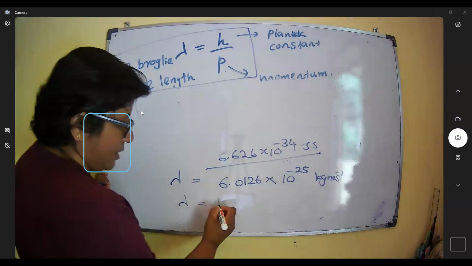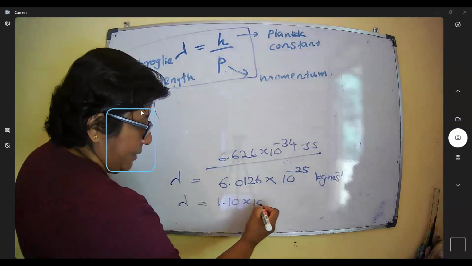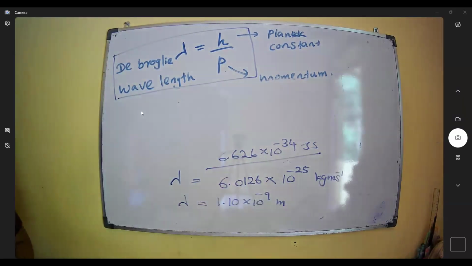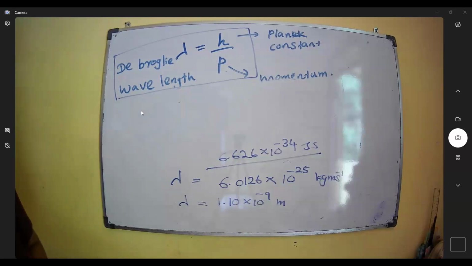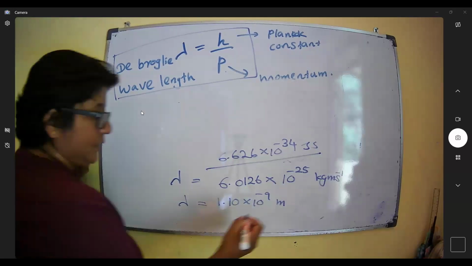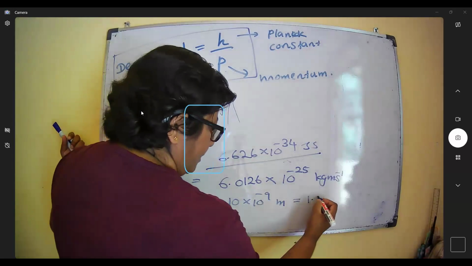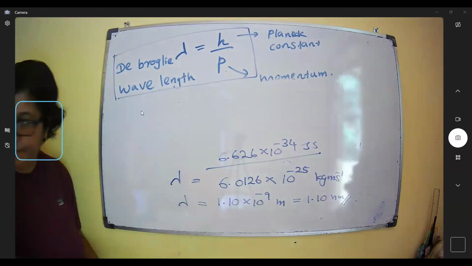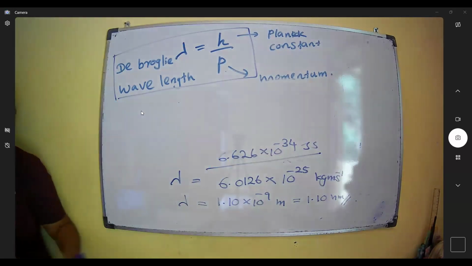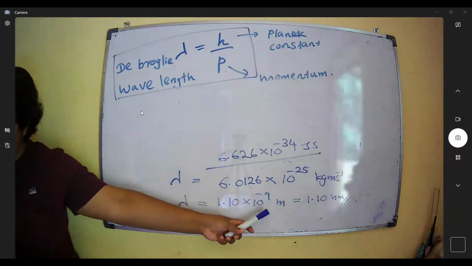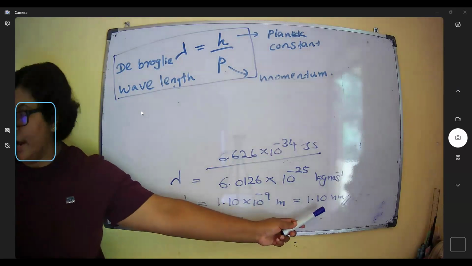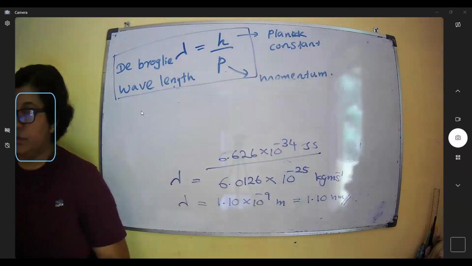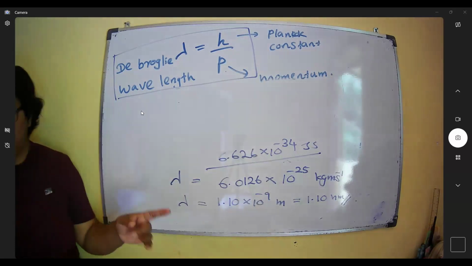What is the answer? 1.10 × 10^-9 meter. Then we can convert it into nanometers, 1.10 nanometers. 10^-9 is the standard value, 10^-9 meter, so we can convert it into nanometers. I'm giving marks step by step, so you can follow easily.